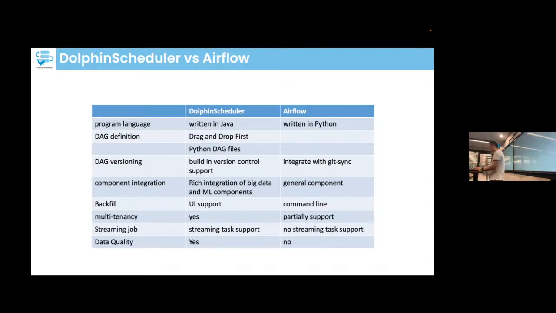So here's the way you create a workflow. After you create this workflow, it is not active, so you need to make it online, activate this, and then you can trigger the task.